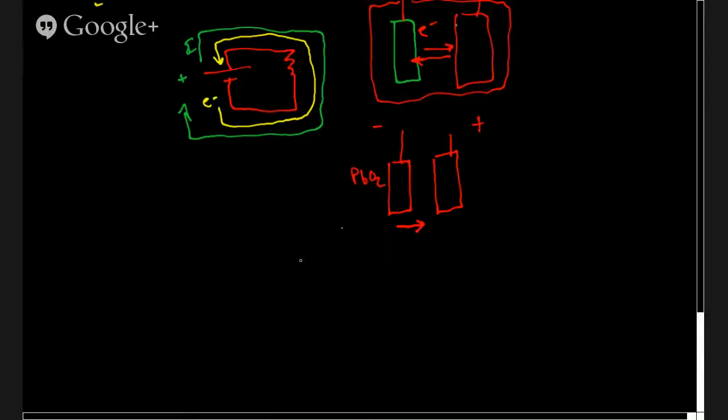The lead oxide plate gets converted to lead, and the other plate oxidizes, and you end up with free electrons. Does that explain it?